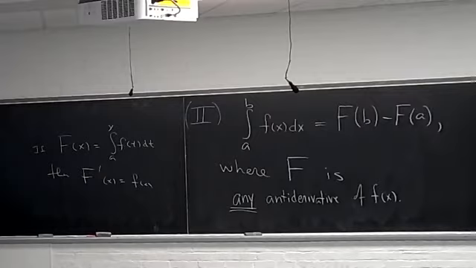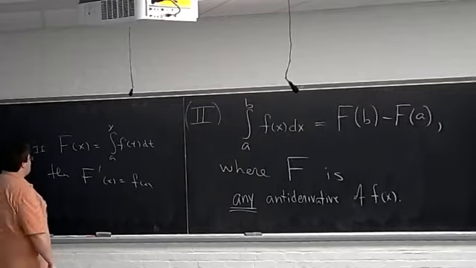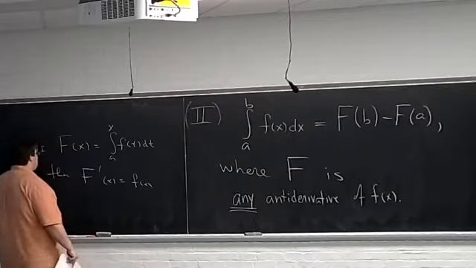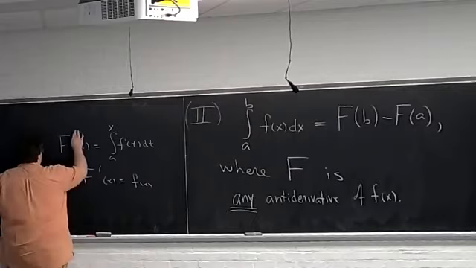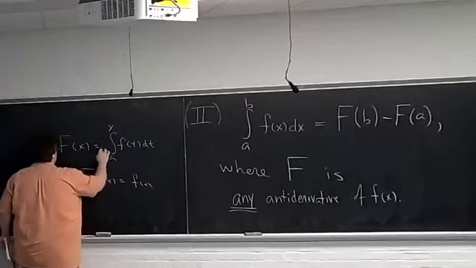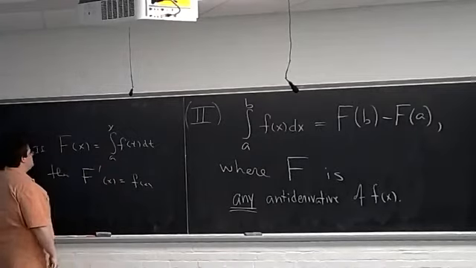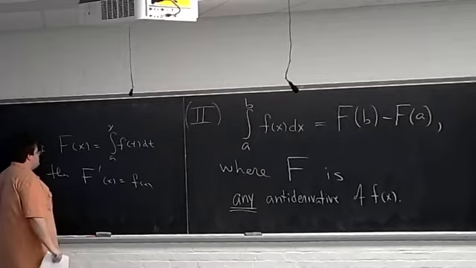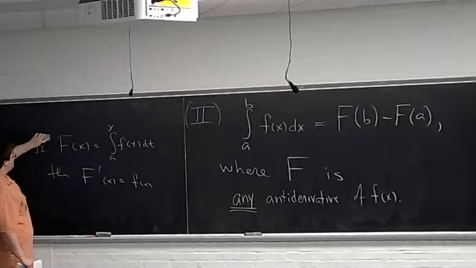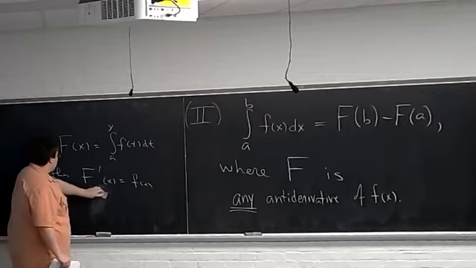The computations we will do using the first part use this part of the statement. If capital F is a definite integral, then capital F prime is lowercase f. What we're actually doing here is taking the derivative of this top line, the derivative of a definite integral. If you take the derivative of the left side with respect to x, you get f prime of x.